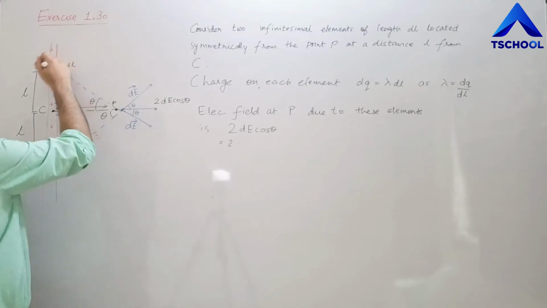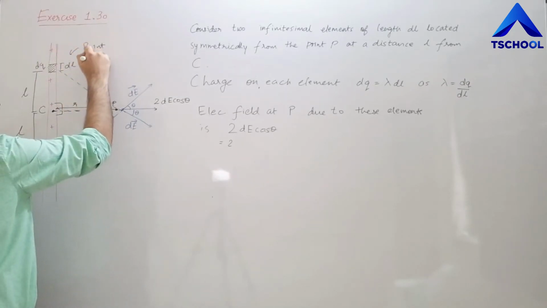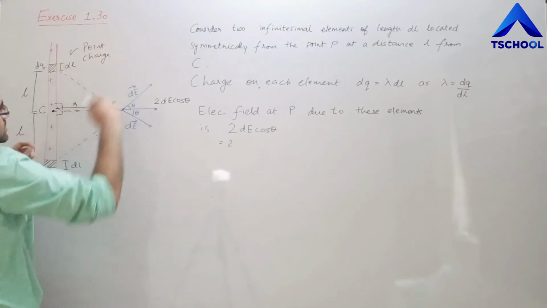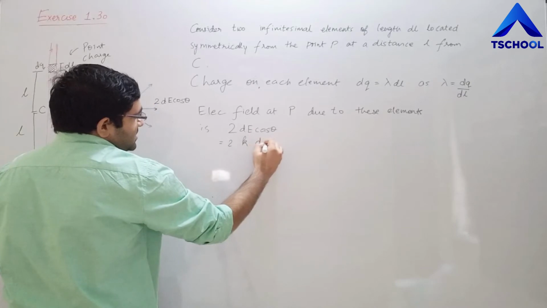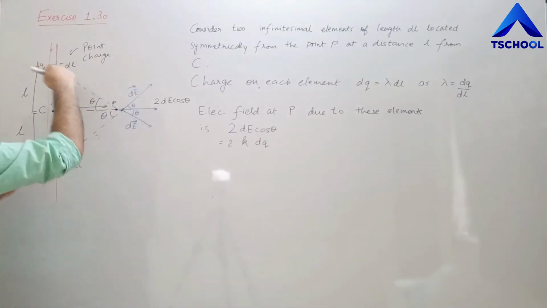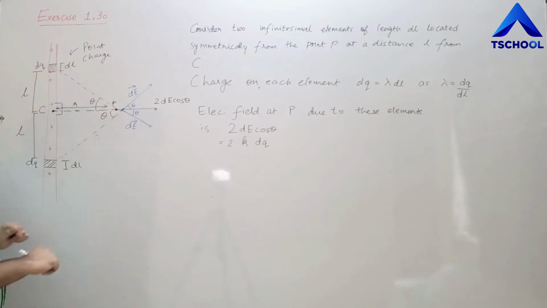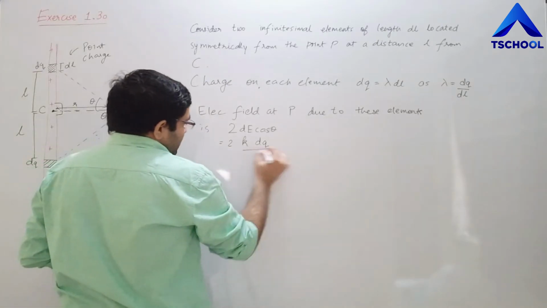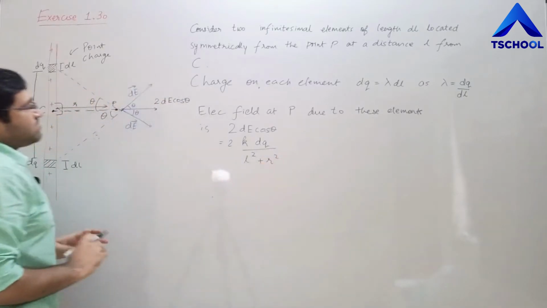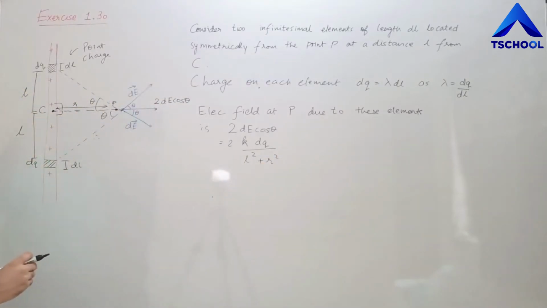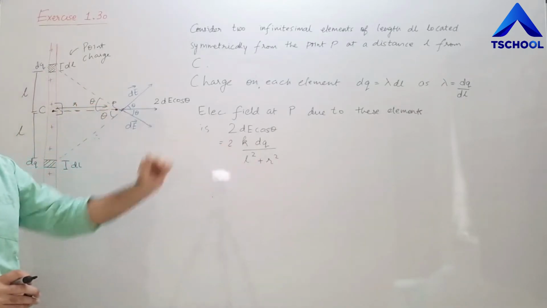This is going to behave just like a point charge, and the electric field due to a point charge is k q, that is the charge, that is dq here, k dq by distance square. So I want to find out this distance. I'm sure you realize that the distance is going to be under root L square plus R square. So ultimately, I can write the hypotenuse square is L square plus R square.